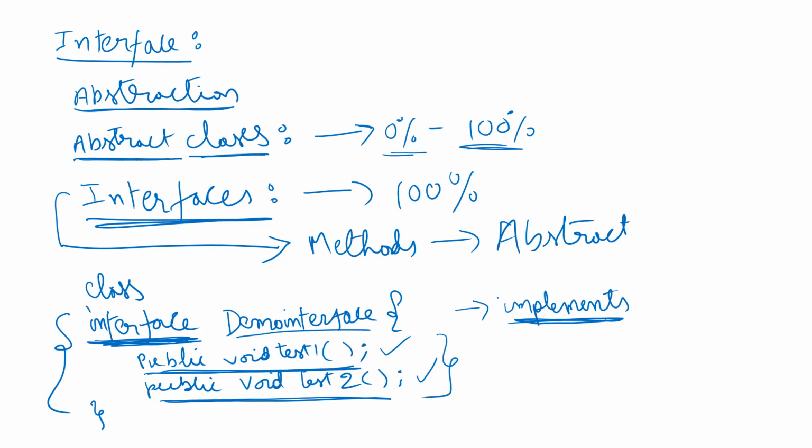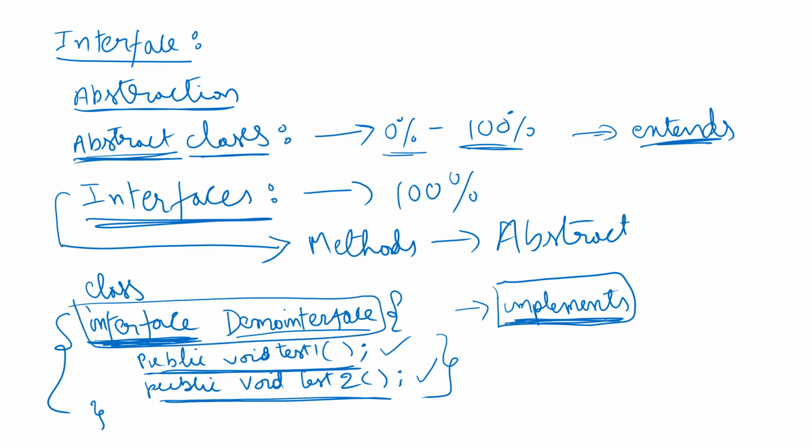If it is an abstract class, we have to extend the class for the child class. So this is the extends keyword, but for interfaces we use the implements keyword. So we have to define a class and implement this interface, and we can provide functionality for these methods.